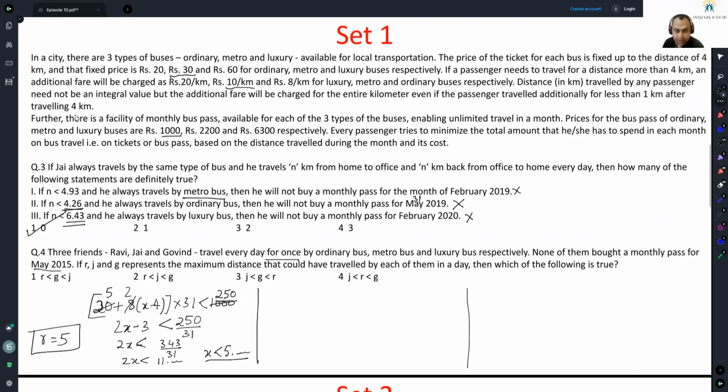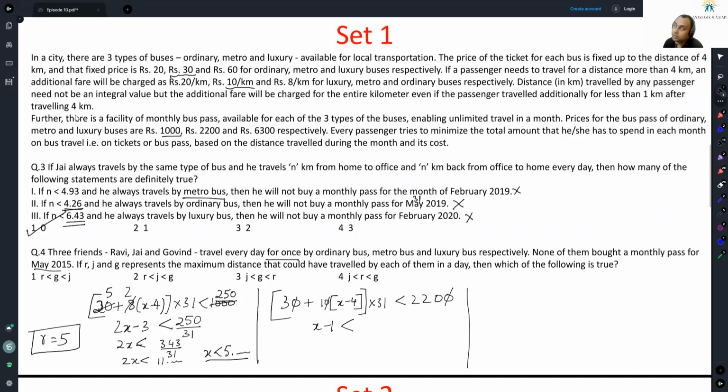Let us look at J. His cost would be 30 plus 10 times of x minus 4. This whole thing into 31 is less than 2200. So I can get rid of zeros. So this gives me x minus 1 is less than 220 by 31.